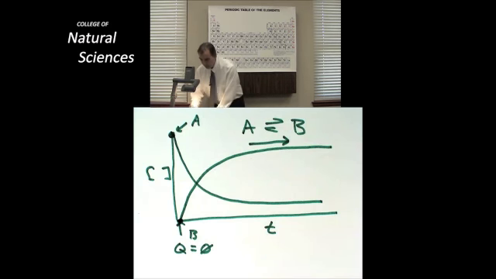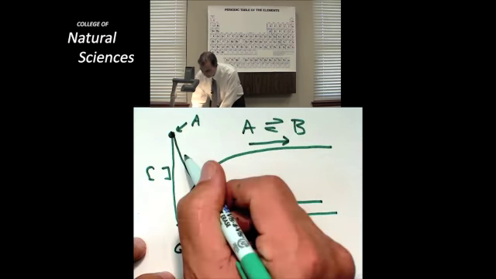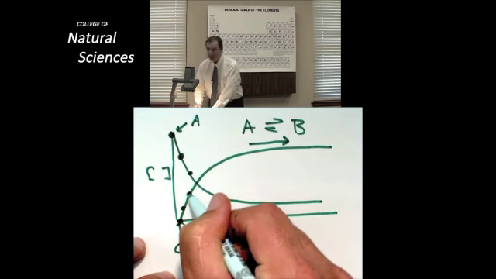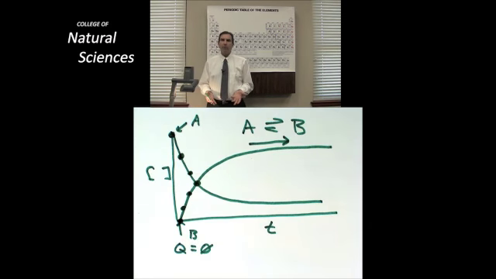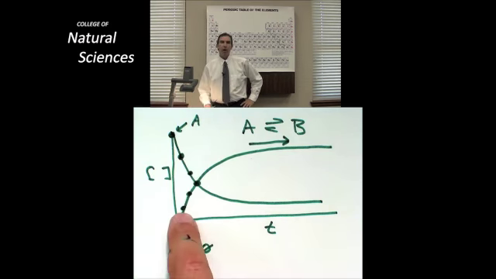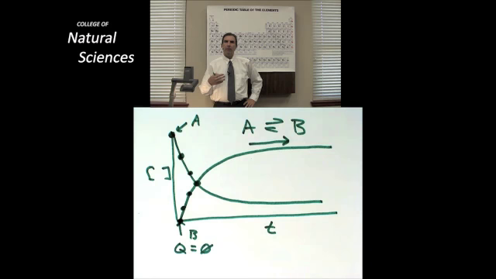If I stopped and I calculated at this point right here, or at this point right here, or at this point right here, what Q was, what do you think I would be getting? Well, A would be getting smaller and B would be getting larger, so I would be watching Q grow. It started at 0, it becomes more and more and more.